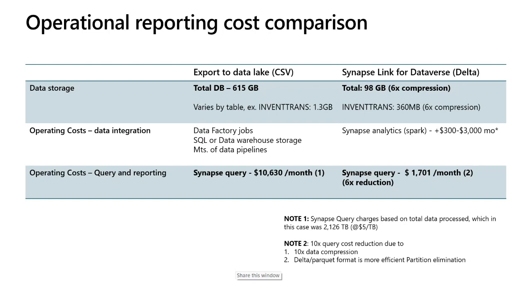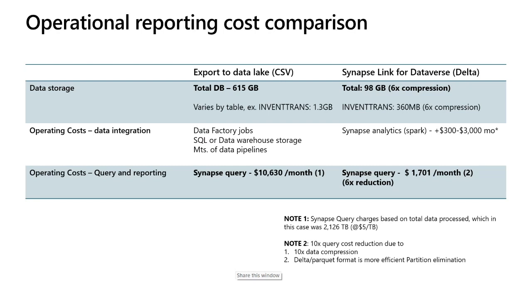As an example, what you see here on the slide, a customer's database was 615 gigabytes of CSV when they exported. When you export the same data to the data lake, with 6x compression it would be around 98 gigabytes.